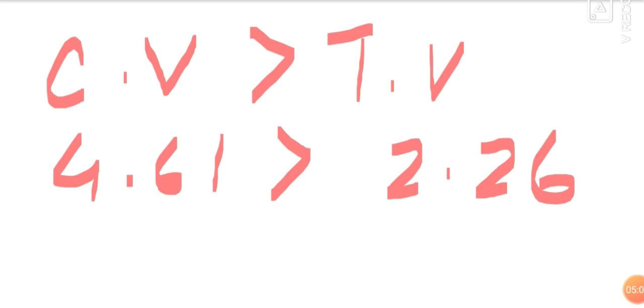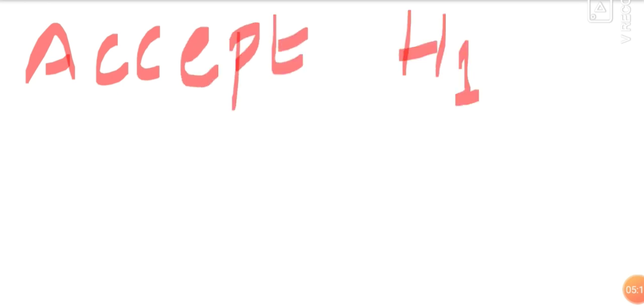So when the calculated value is greater than the tabulated value, we accept our alternative hypothesis, that is H1. And what was our alternative hypothesis? That marks are significantly different, that is H1: mu is not equal to 100.